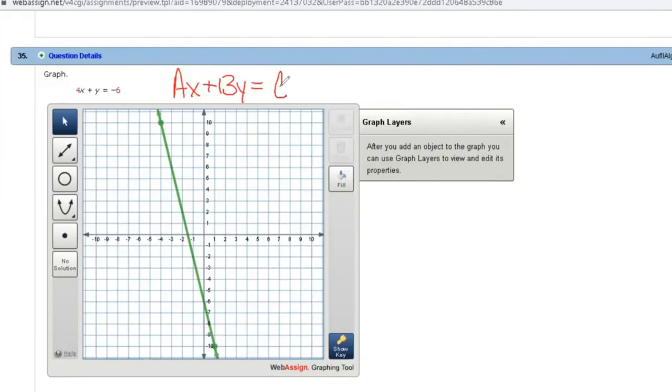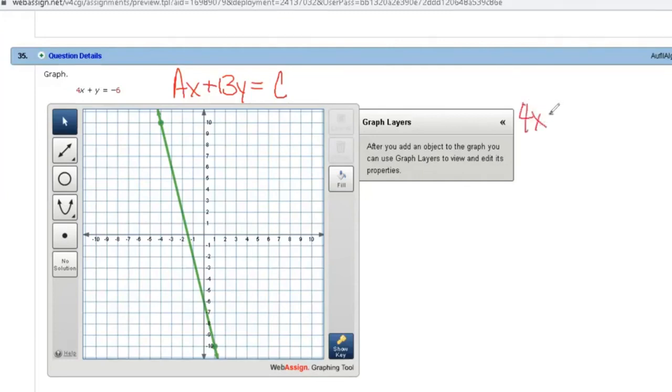But if we look at the numbers, if we plug in a 0 here for y, we're going to have 4x = -6, and we're going to have to divide both sides by 4, and that's going to give us a fraction. And graphing fractions is not ideal. So what I would recommend is to just change this and make it into slope-intercept form.